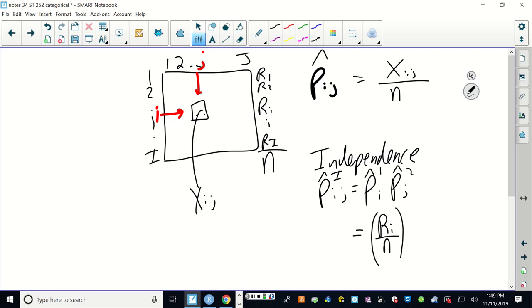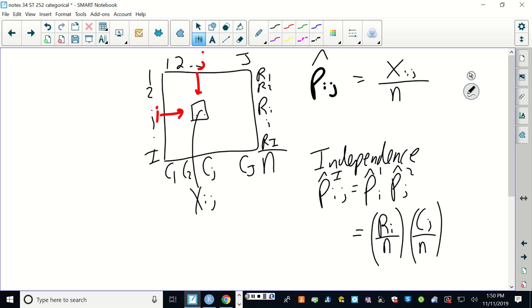And then to estimate the number that are in that column, we're just going to add down. So if we add all the counts here, C1, C2, this would be C sub j, and C sub capital J, the last one. We're going to take the count that's in that column divided by N, and that's going to be our estimate of proportion.